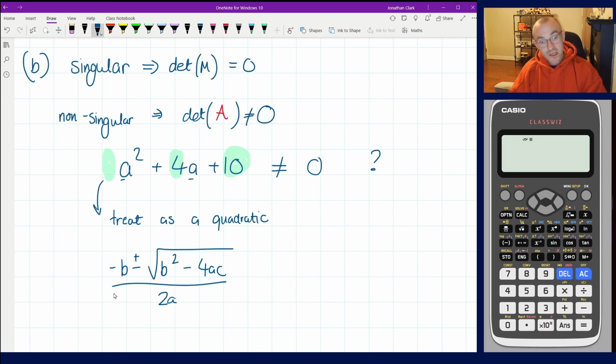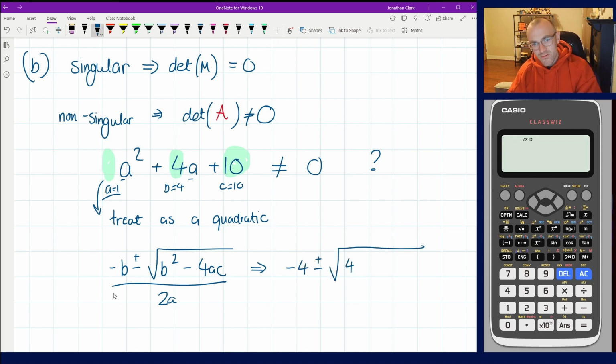So that's what the solutions would be. In this case, I've got a as 1, b as 4, and c as 10. So if I was to plug all those things into this equation, I'd have minus 4 plus or minus the square root of 4 squared minus 4 times 1 times 10, all divided by 2 times 1.